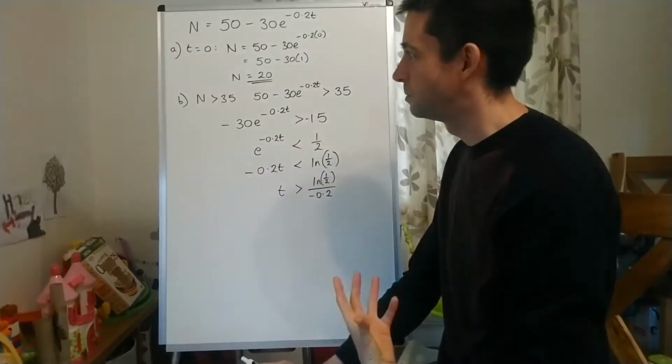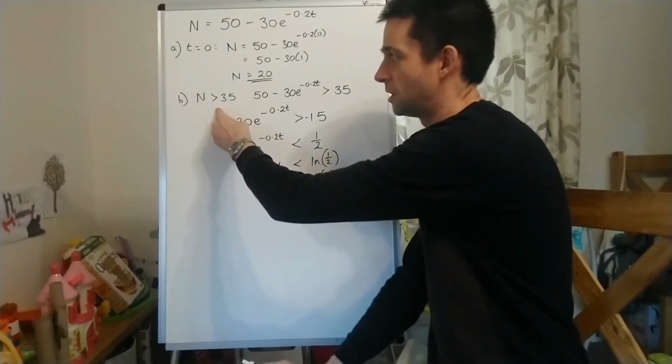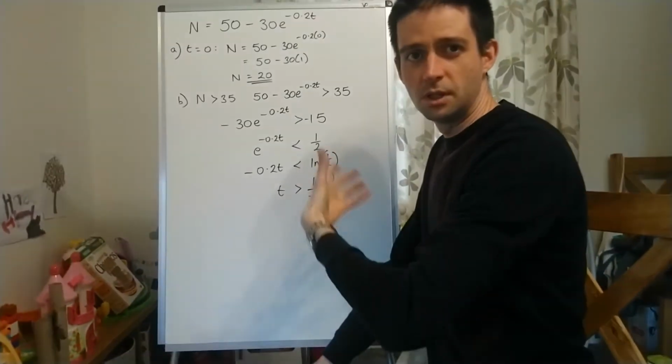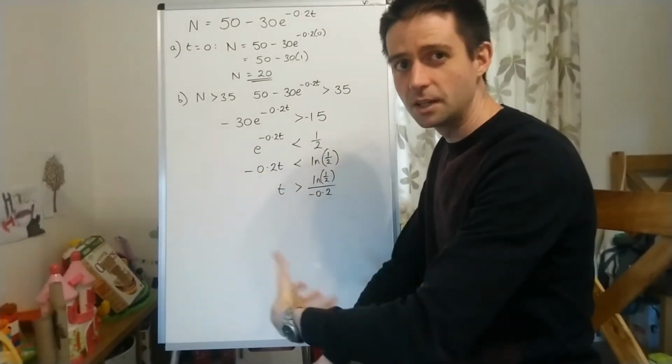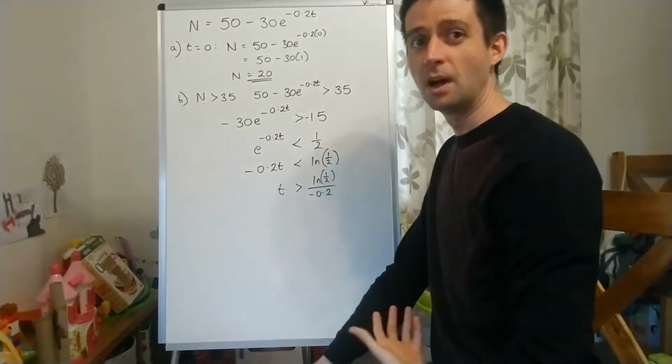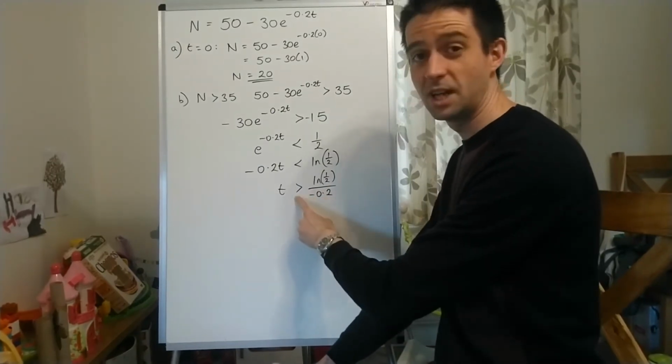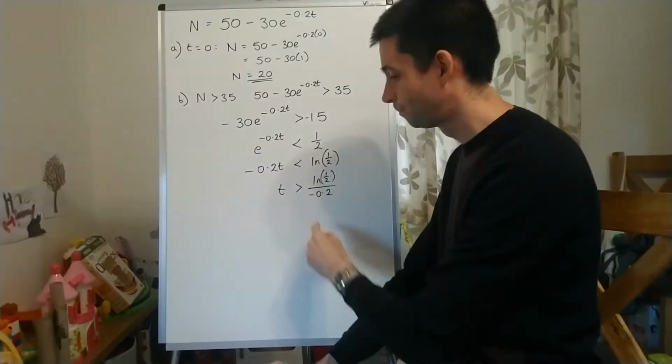And that should make sense because n is greater than 35, so the daddy longlegs population is increasing, so we expect it to get to 35 after more than a certain number of days, so greater than this number here.